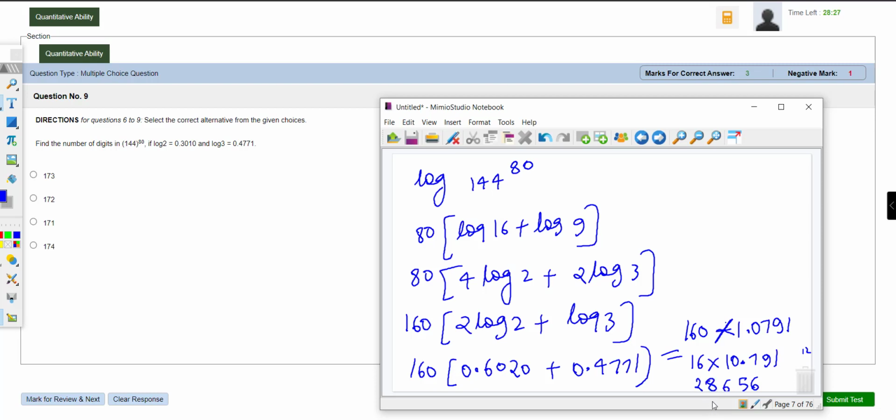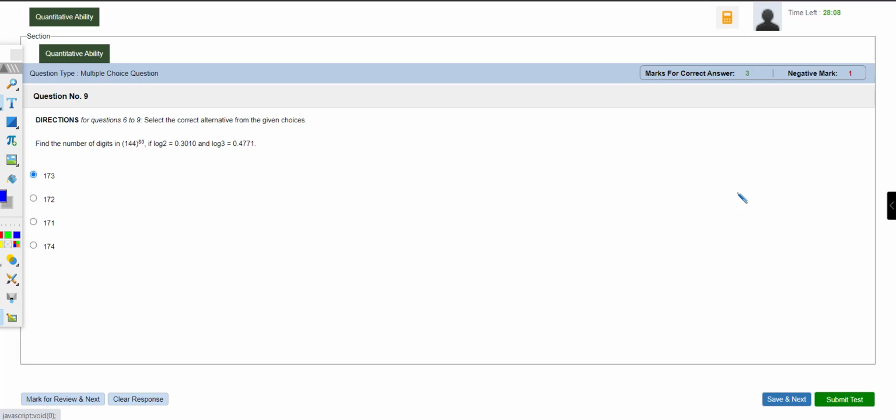Okay, I think I made some mistake here. Let me use the calculator here. 16 into 10.791, this is going to be 172 point something. So our answer is going to be 173. In the integral part we are supposed to add 1. Okay, 173 is the answer here.